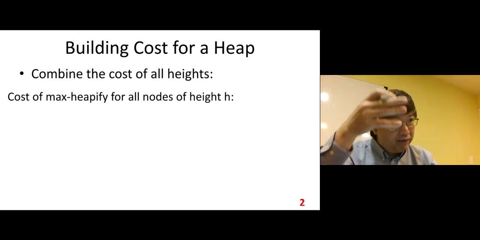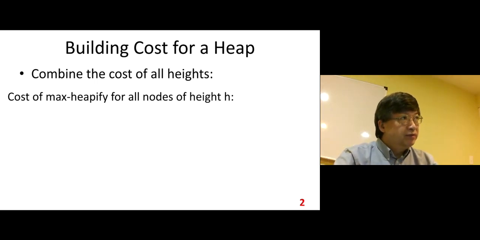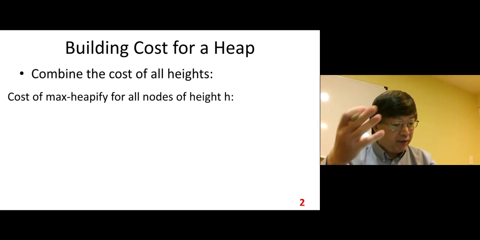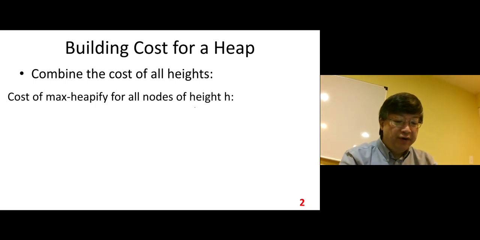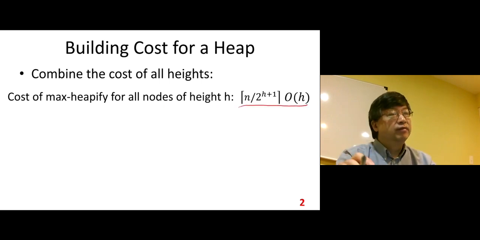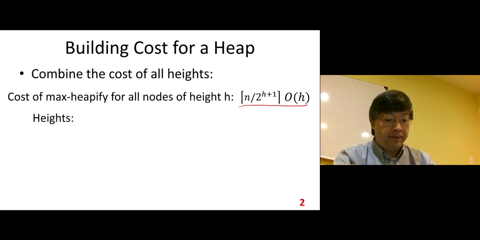First, let's bring that previous formula here. Start from there: cost of max heapify for all nodes of height H. That's what we get from part B.1.